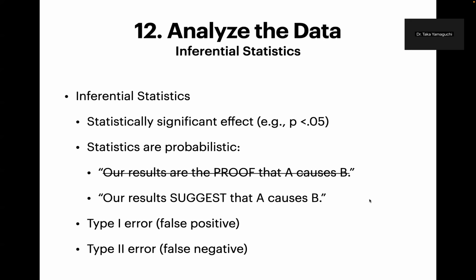For this reason, when researchers discuss research results, they will not say, our results are the proof that A causes B. Rather, they say, our results suggest that A causes B. So researchers cannot say they have proof because mistakes can happen in inferential statistics.